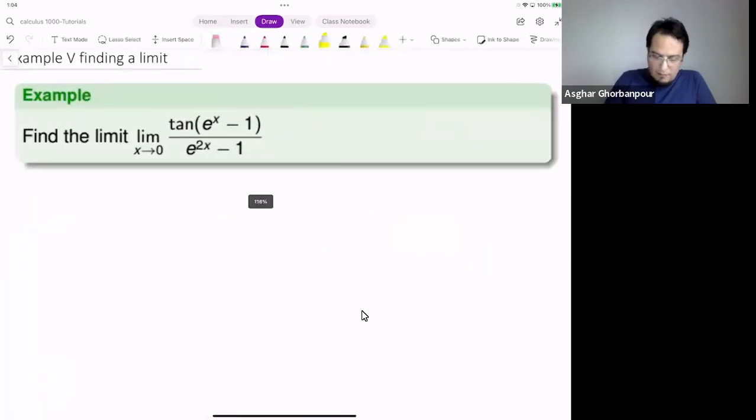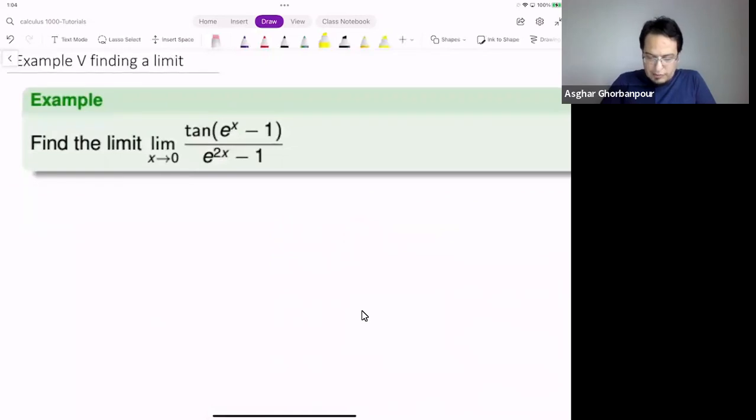Okay, I have one more example for you to do yourself, and you now probably see what the point is: turn it into f prime of something at somewhere. So this is f prime of a function at 0. And then you do that part.